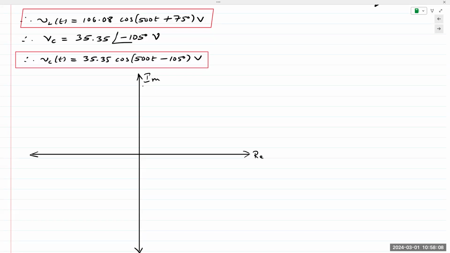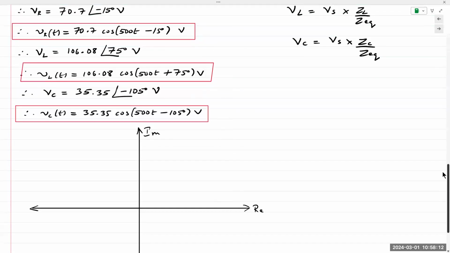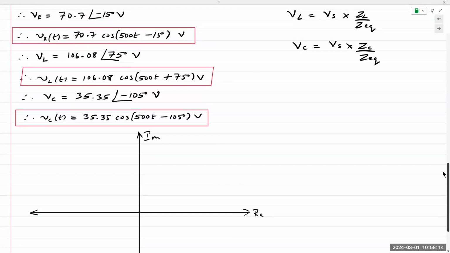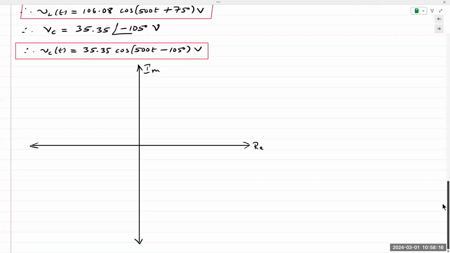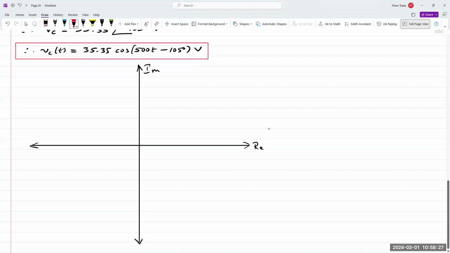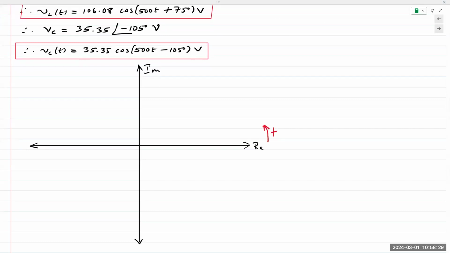So if you're plotting out, the first thing, let's say, is our supply voltage Vs. Supply voltage Vs has an angle of plus 30 degrees. As I said, a positive phase angle is rotating counterclockwise.